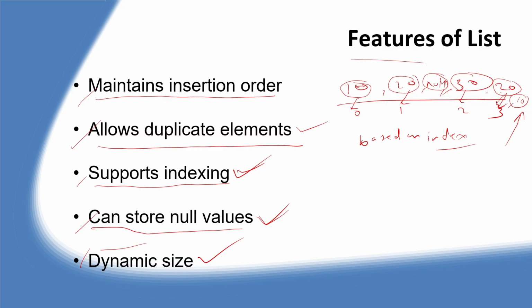So it allows duplicate values, supports index-based operation, can store null values, and grows or shrinks dynamically as elements are added or removed. So if we are removing elements, size will get decreased.